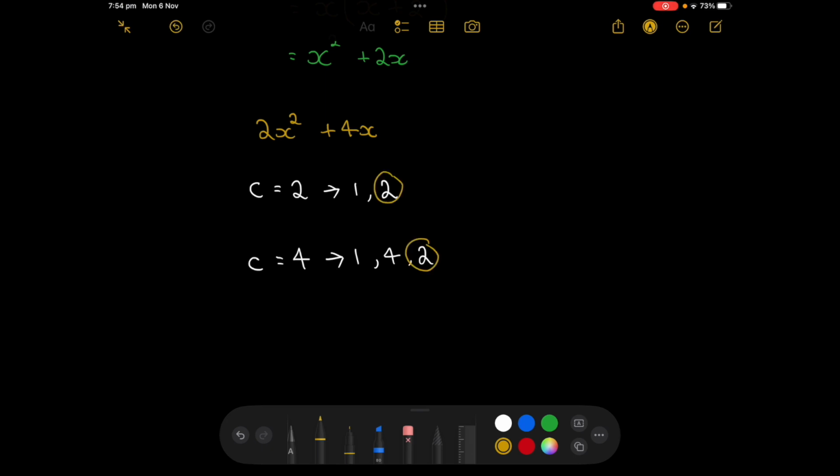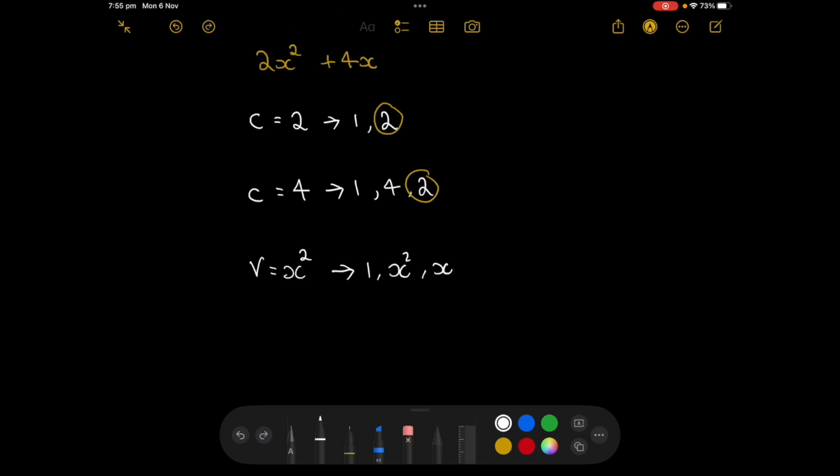Next, let's look at our variable. Our variable for 2x squared is just x squared, and our factors of x squared are 1, x squared, and x. For 4x, our variable is x, and our factors of x are 1 and x. So we're looking for the highest common factor between x squared and x, that is just x.